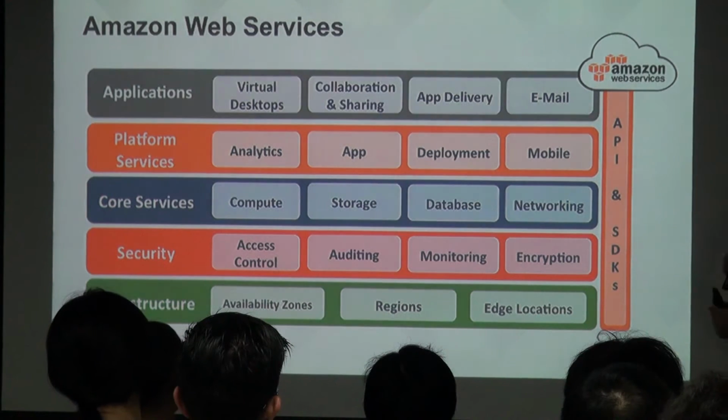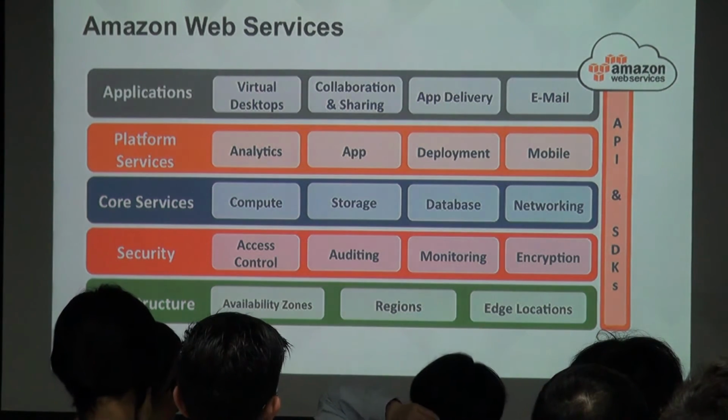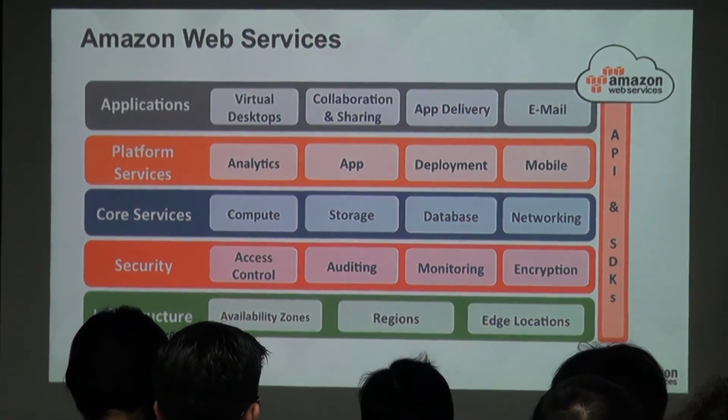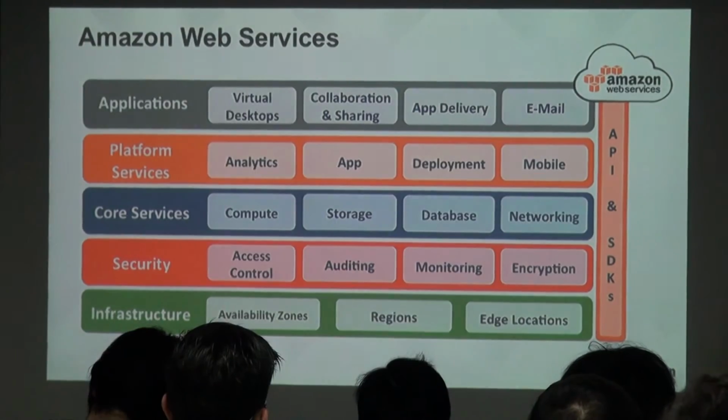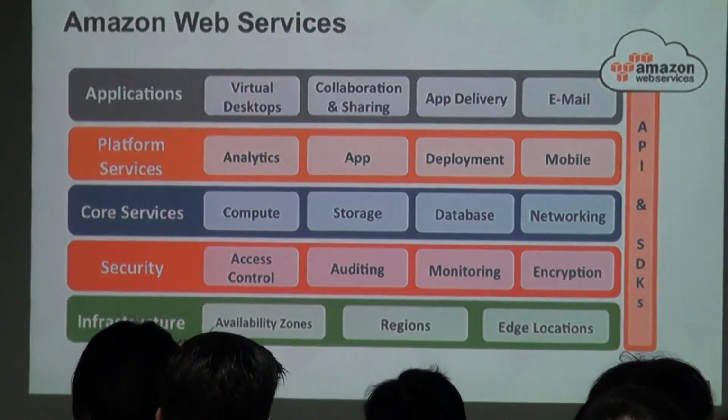Now, one important thing which I didn't address yet is the bar here on the right side. Every one of these services that you consume within Amazon Web Services is, as the name says, a web service. So it is an API. Whatever you do can be fully automated. And that's fairly relevant if we build an analytics platform that should scale, because we want to automate as much as possible.